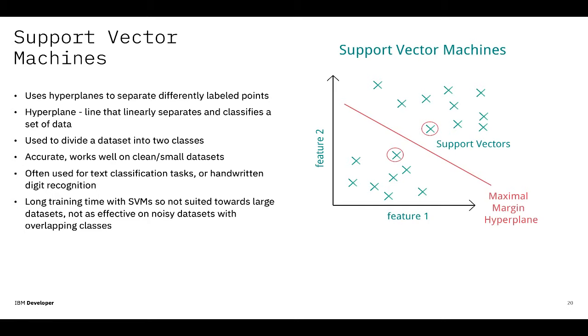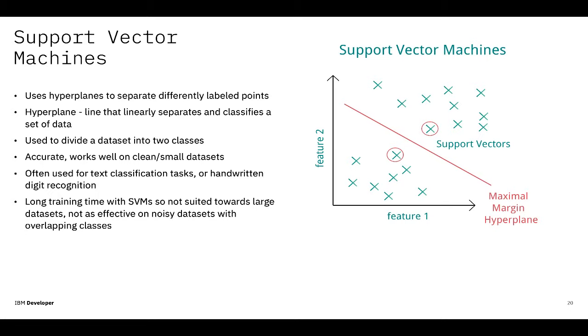So when would you use support vector machines? Well, they're pretty accurate with small or clean data sets, but with large data sets, there's a really long training time, so it's not suited. So it's important to consider the size of a data set when picking a machine learning algorithm.